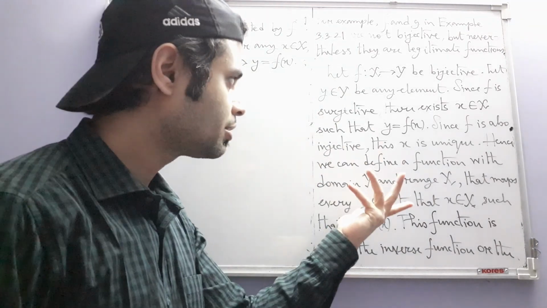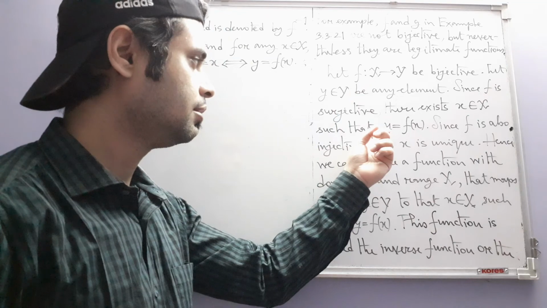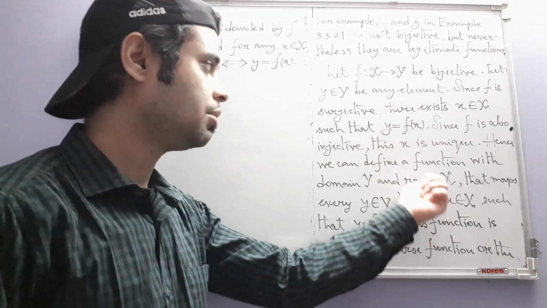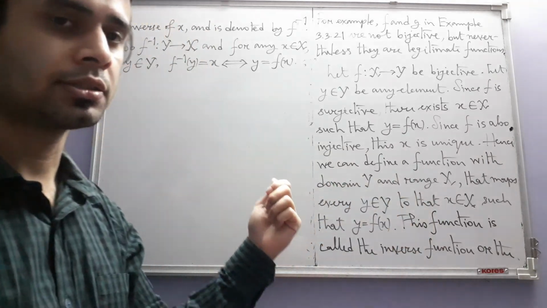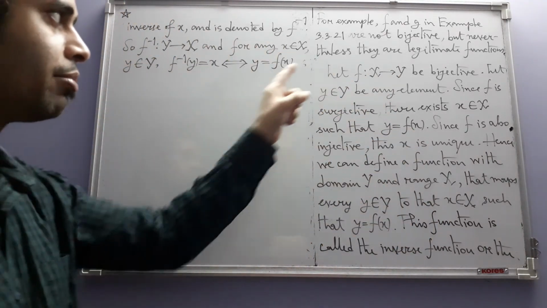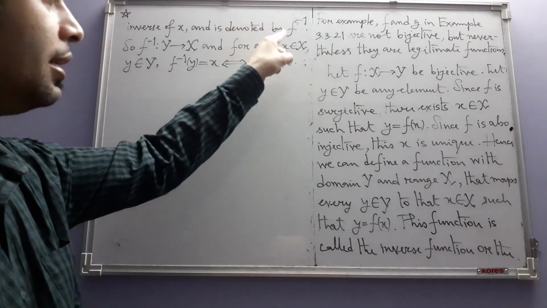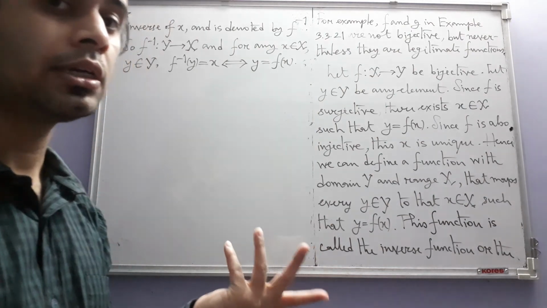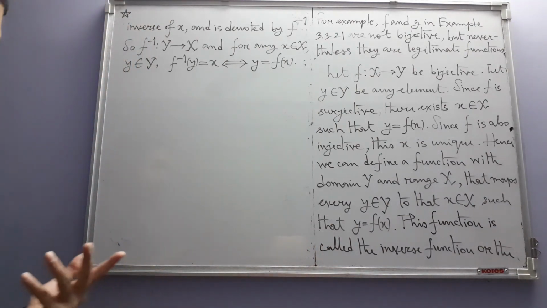If f is not injective, then there will be at least one y in Y which will be associated to more than one x. In that case also we cannot define a function like this. So only for bijective functions this inverse exists, and that's why bijective functions are also called invertible. They can be inverted in this way.